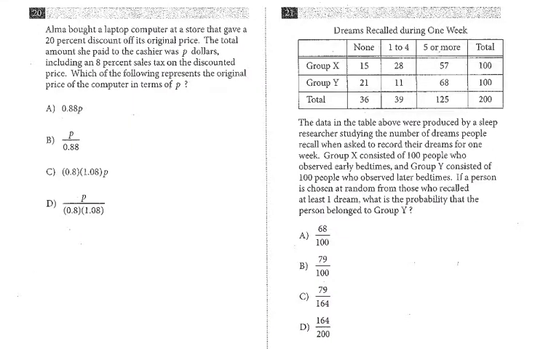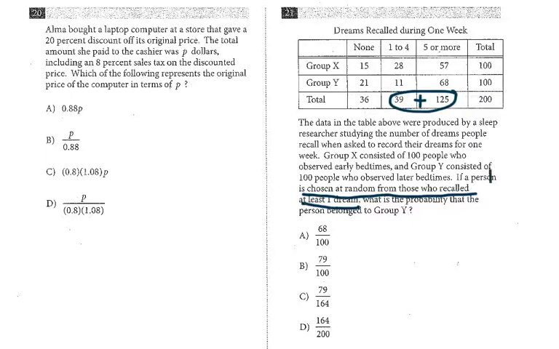Question 21 is about probability. We need to figure out, if a person is chosen at random from those who recorded at least one dream, what's the probability that the person belongs to group Y? According to this table, how many people recorded at least one dream? 39 plus 125.